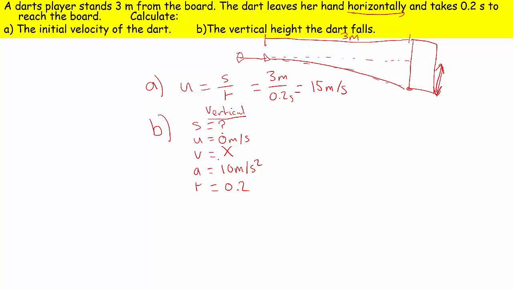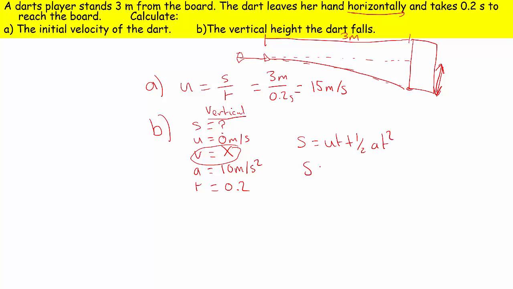Right, so we select the equation by looking for the equation that doesn't have the thing with the x next to it, so the thing that doesn't have v in it, and that is s equals ut plus a half at squared.